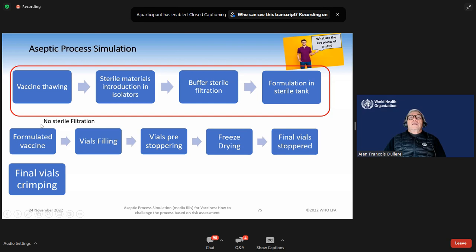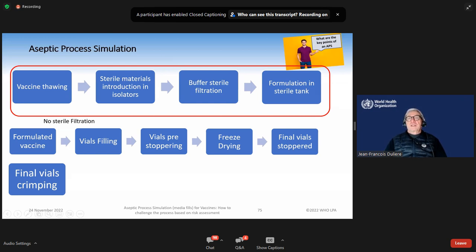We have stated that there is no sterile filtration because we have viruses and we cannot filter this product. So we have to make vial filling without sterile filtration, which makes this system much more complicated.